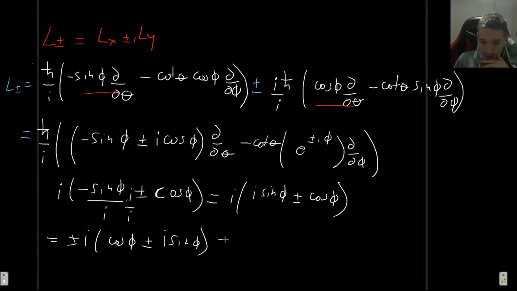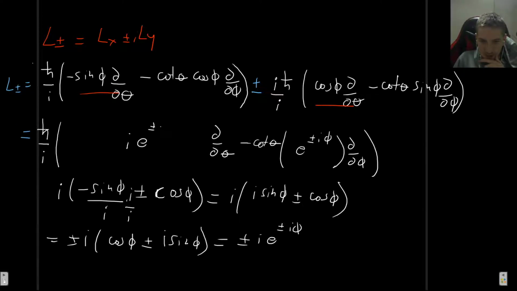And this is indeed the Euler formula once again, so this is plus or minus i e to the plus or minus i phi. Okay, so let's plug this into the original equation right here. So this is i e to the plus or minus i phi.